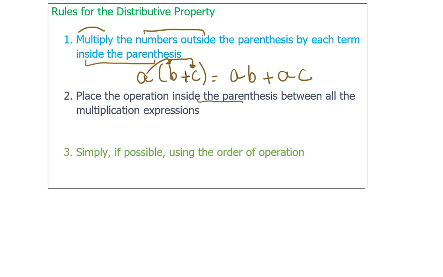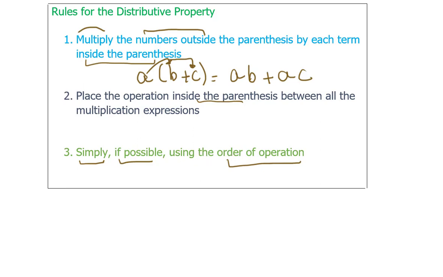But for now remember, always use the sign or the operation between the terms within the parentheses. Then at the end we will simplify if it's possible using the order of operations. If you haven't seen order of operations, you can go back and look for lesson 1 of algebra 1.